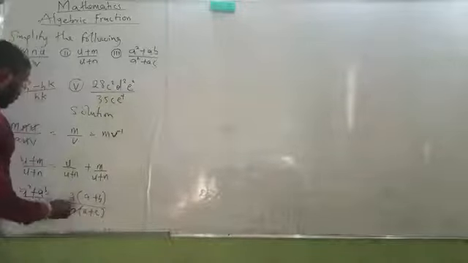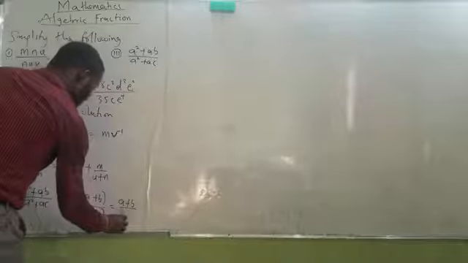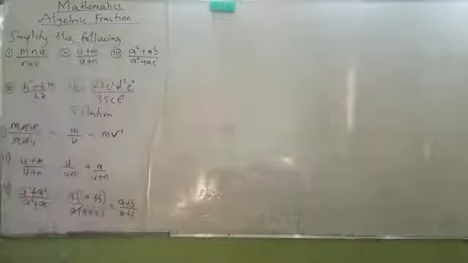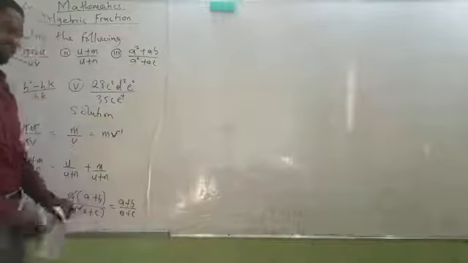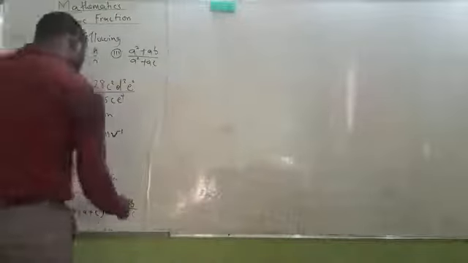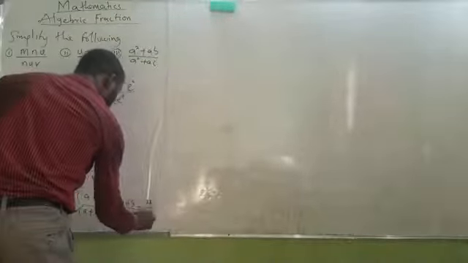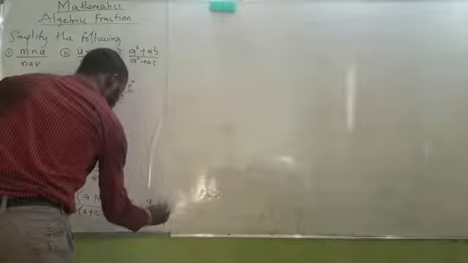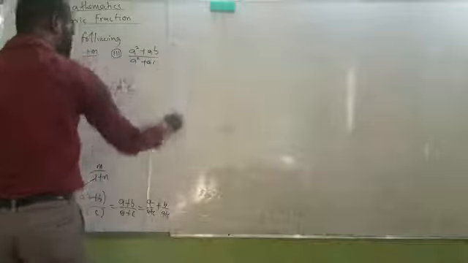This cancels this, and my answer remains a plus b all over a plus c. You can't cancel because addition is binding, assuming it's multiplication. The only other thing you can do is write it this way: a all over a plus c, plus b all over a plus c. You can't go beyond this. That is all about that.